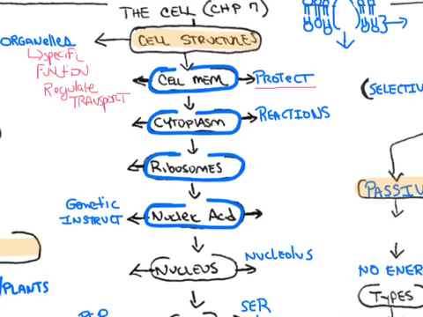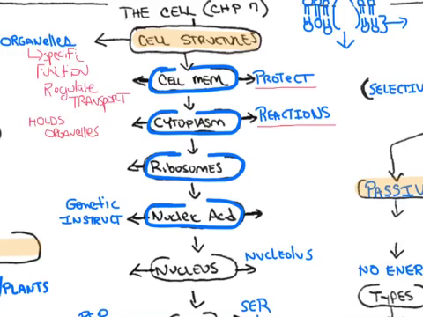Cytoplasm, which is found in both eukaryotic and prokaryotic cells, is where the chemical reactions take place. It's also where organelles are being held. Some people refer to that as the factory floor.